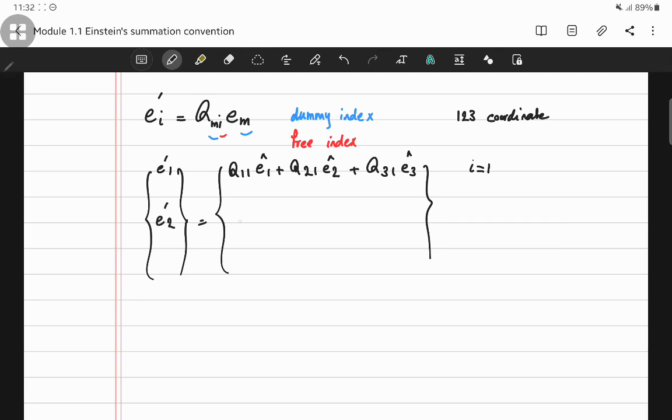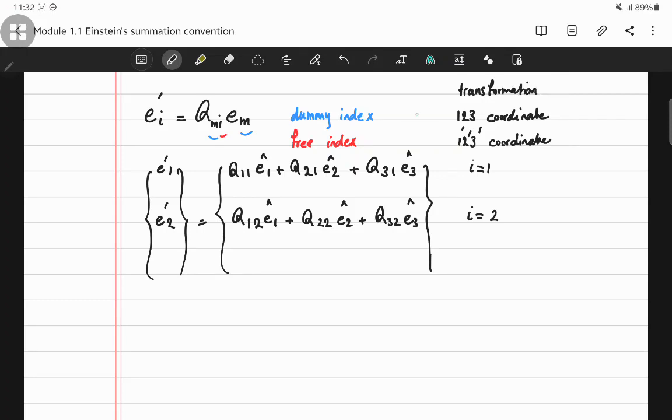So e prime 2 is simply q_m1, so i now is 2, e_1 plus q_22 e_2 plus q_32 e_3 here. And you can see the 1 prime, 2 prime, 3 prime coordinates. So you want to do a transformation from this to this coordinate.